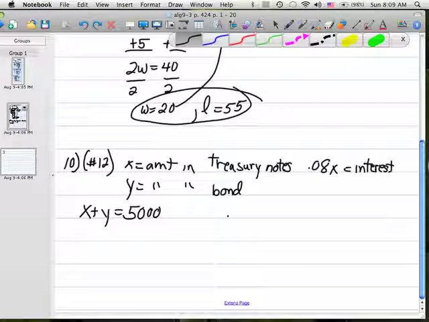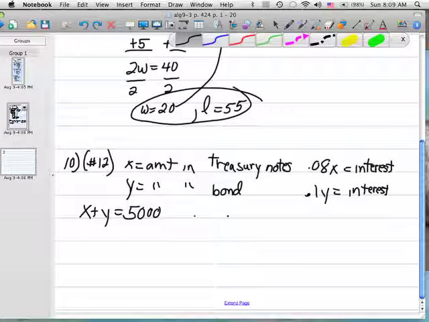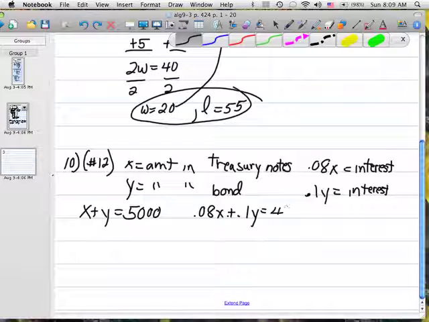And the bonds pay 10%, so 0.1Y is the interest for the bonds. So if I take 0.08X and add it to 0.1Y, I will get the total annual interest income of $480.